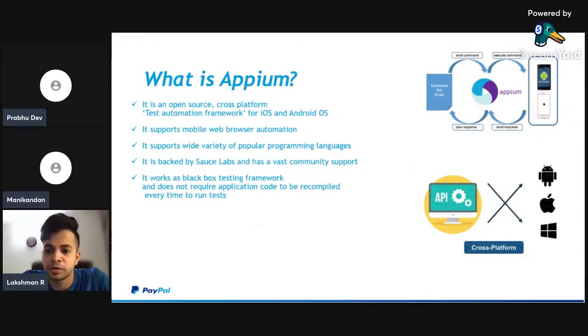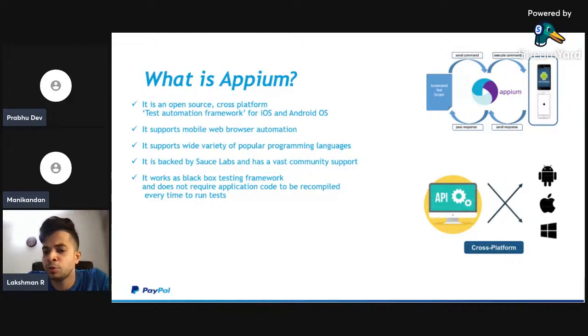So why do we prefer it? Why is everyone running behind Appium? Appium is an open source test automation framework used for mobile automation across different platforms like iOS, Android, and in older days sometimes Windows. It also supports mobile web browser automation and has a wide variety of language support for automation. It was backed by Sauce Labs for its first official launch in 2014.